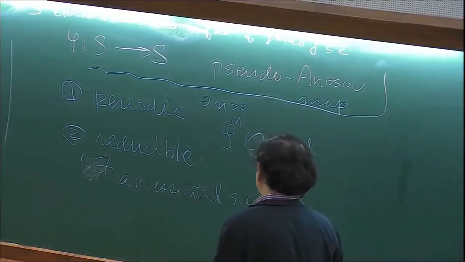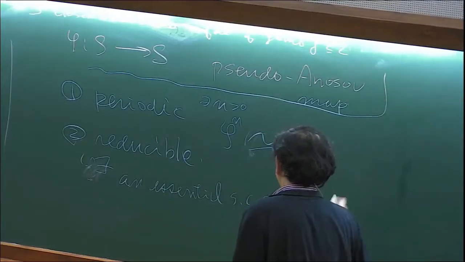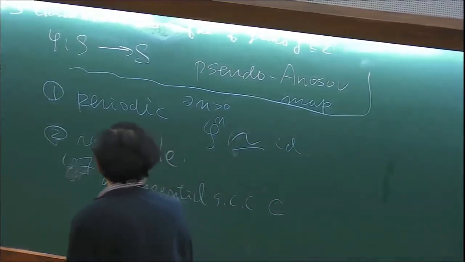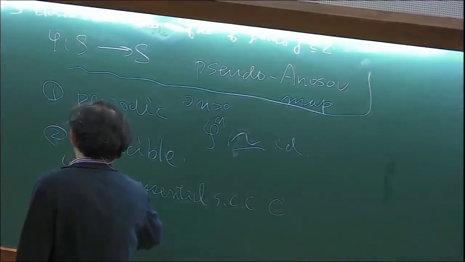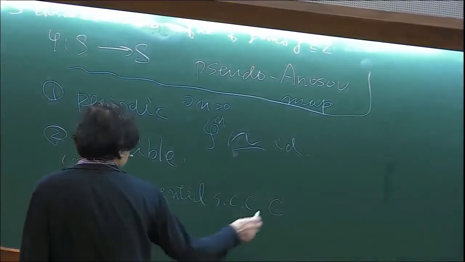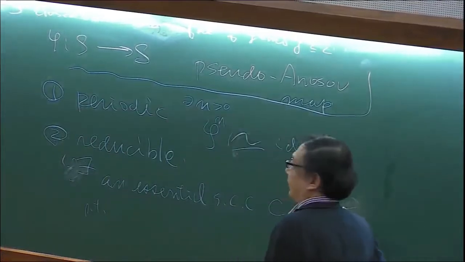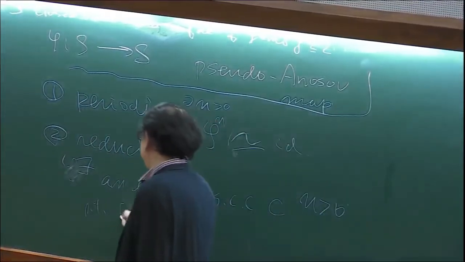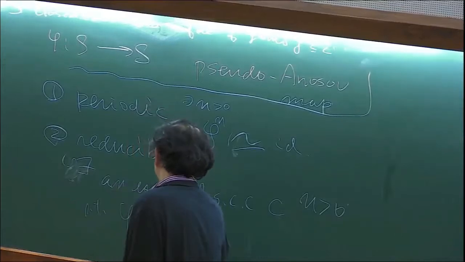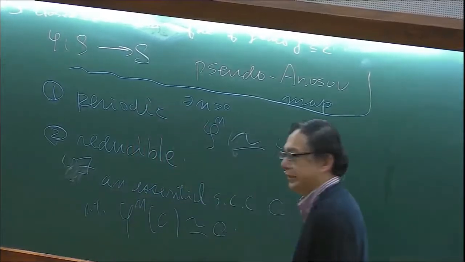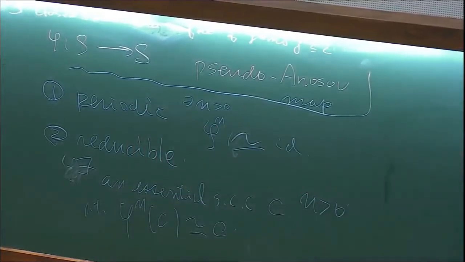So there is an essential simple closed curve C and a natural number n such that phi to the n of C is homotopic to C. And what's pseudo-Anosov?